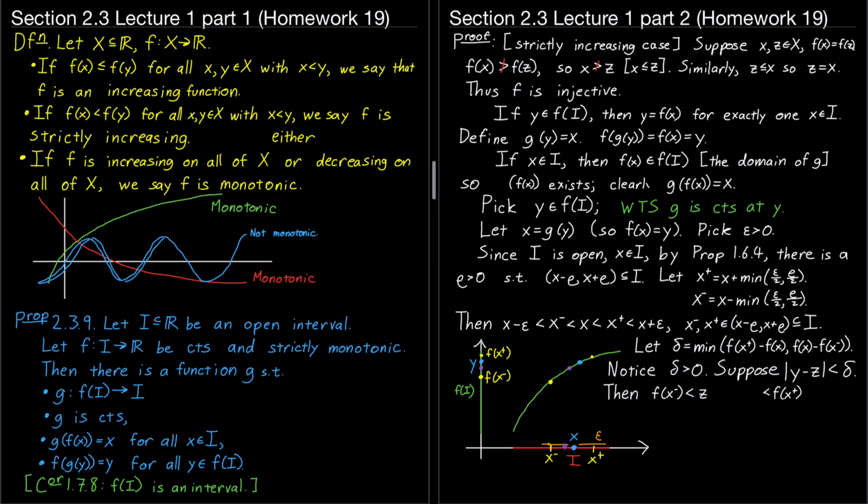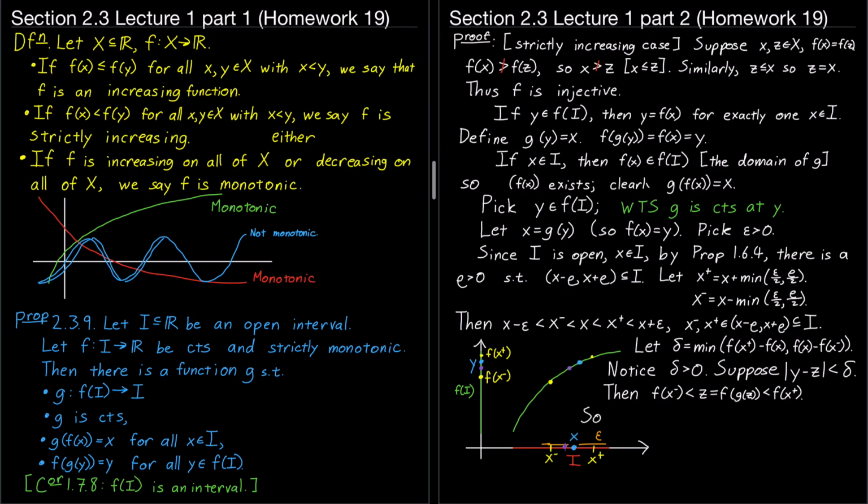But because f and g are inverses, we can write z as f of g of z. And then if x minus was bigger than g of z, then f of x minus would be bigger than f of g of z because f is increasing.